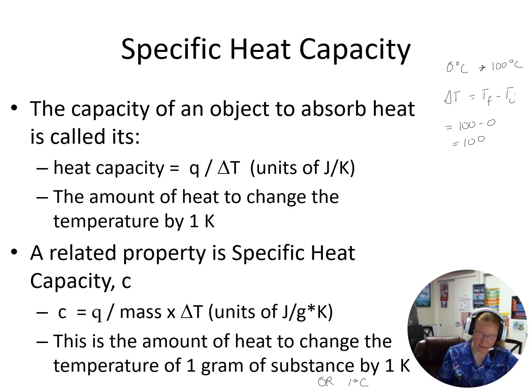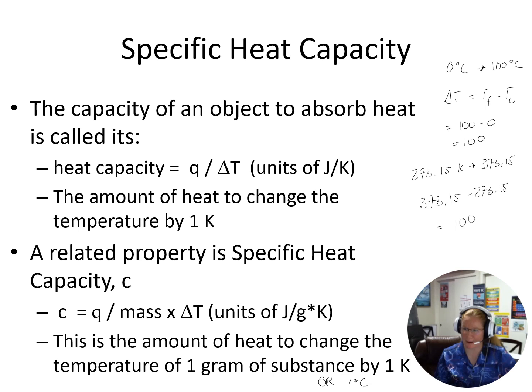If I do this in Kelvin, 0 Celsius is 273.15 to 373.15, well, 373.15 minus 273.15 gives me 100, okay?